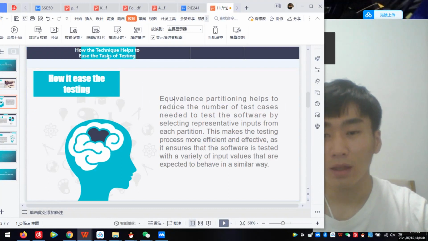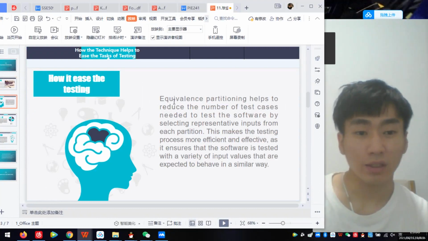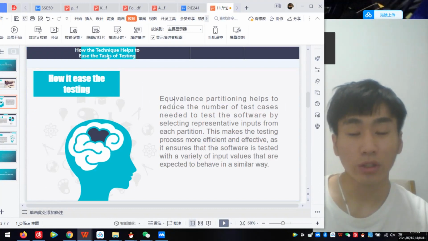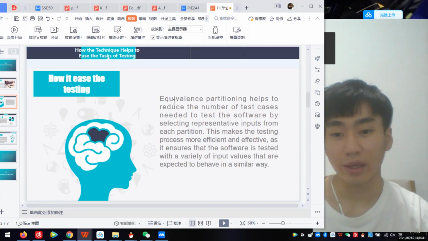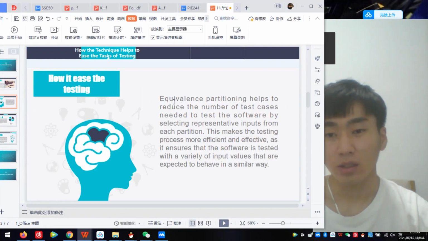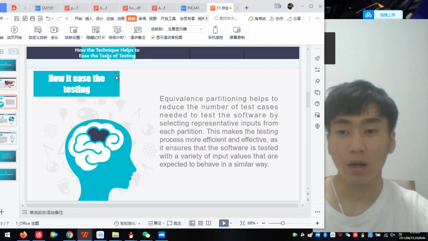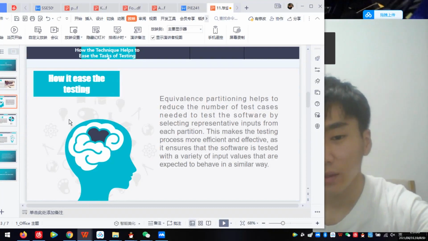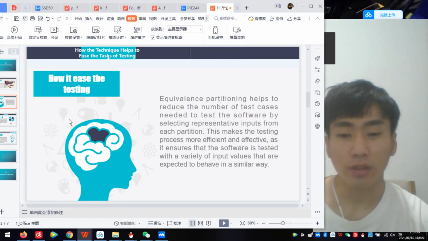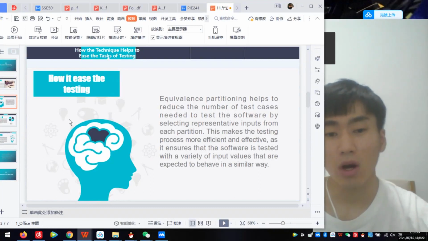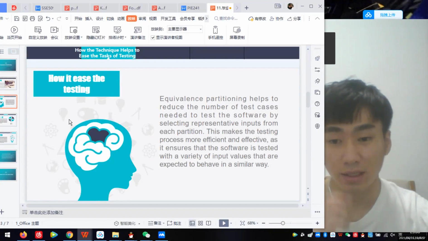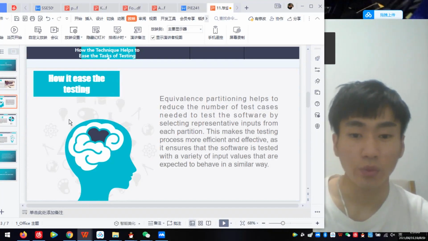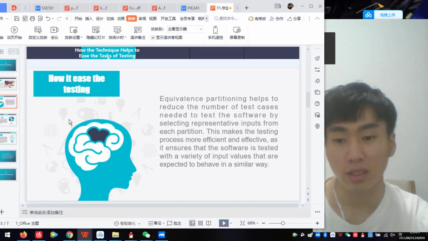Let's go on. Every technique has its own advantages. So I want to talk about how this technique eases the testing. Equivalence partitioning helps to reduce the number of test cases required to test the system, which saves time and resources.